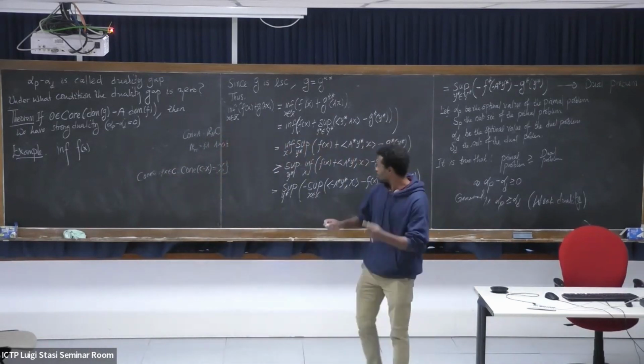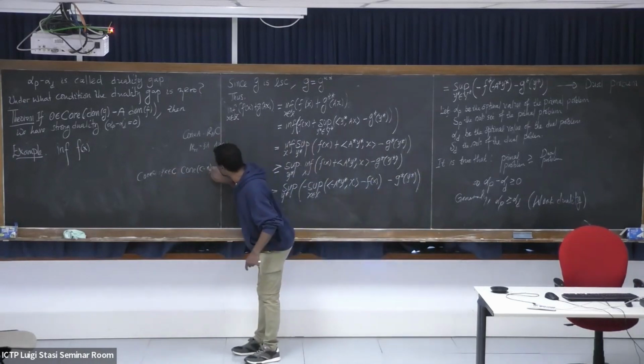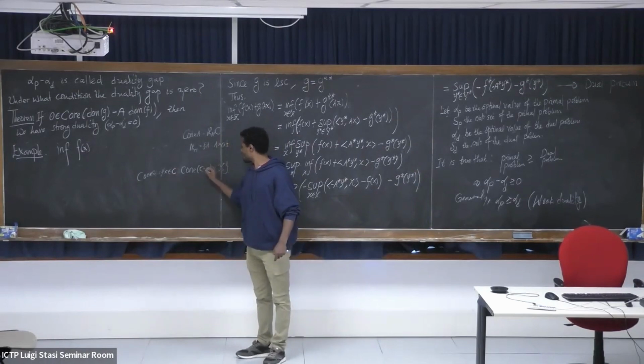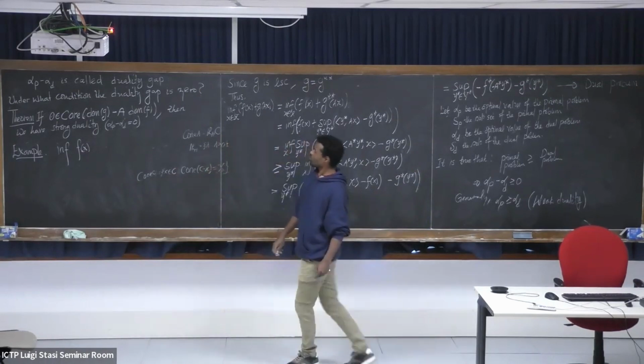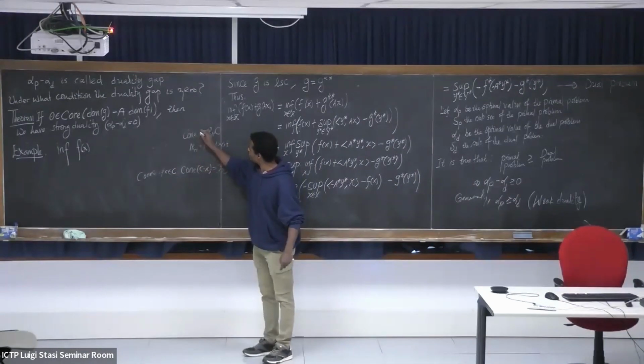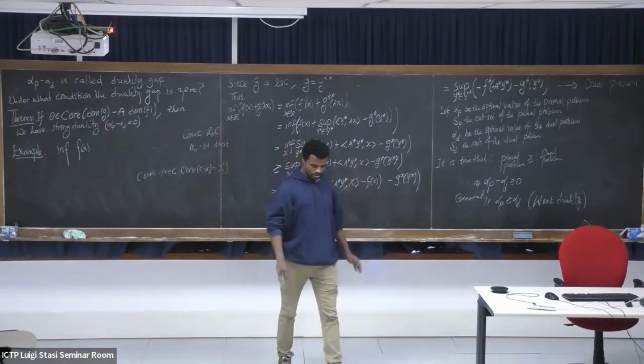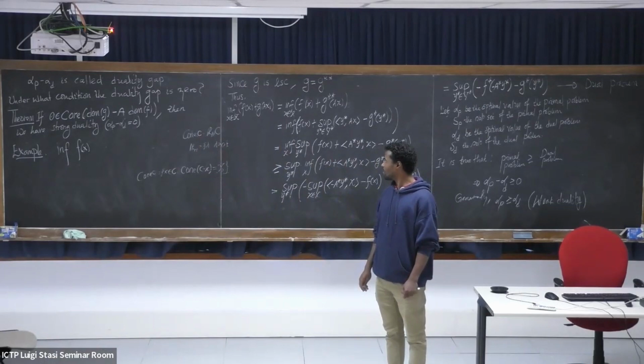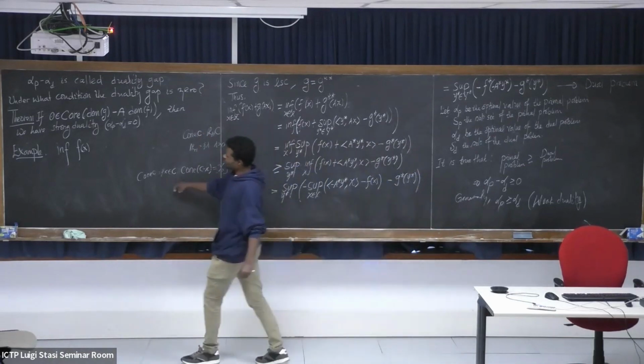The cone of the set is just the positive multiples of its points.